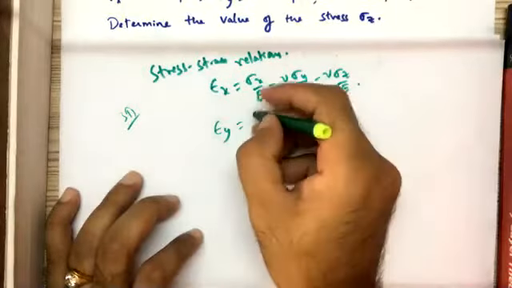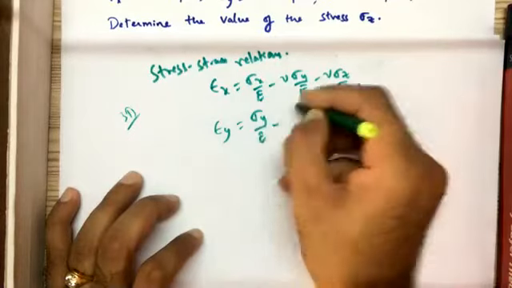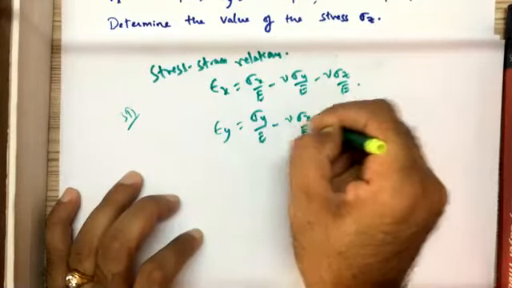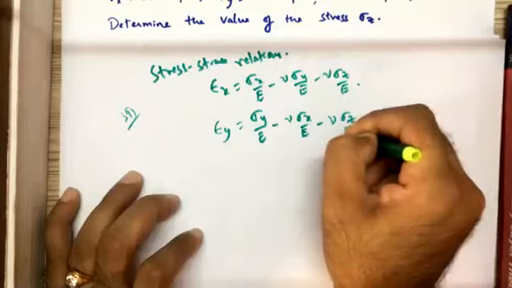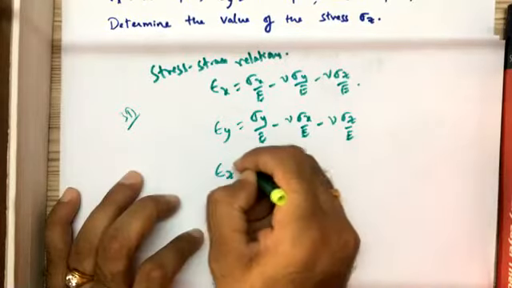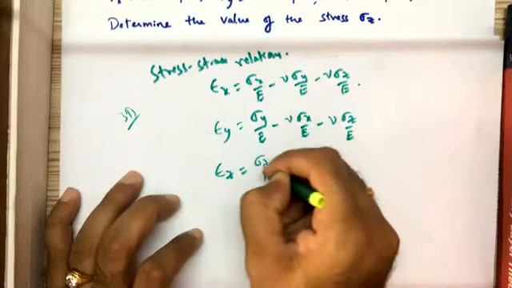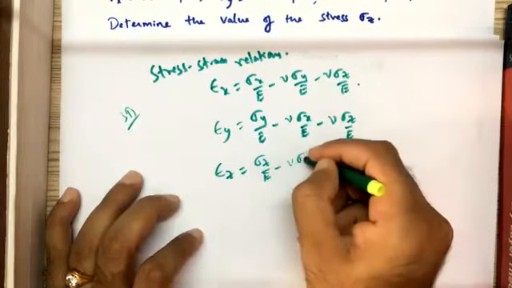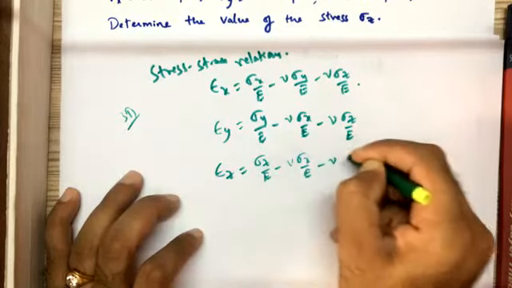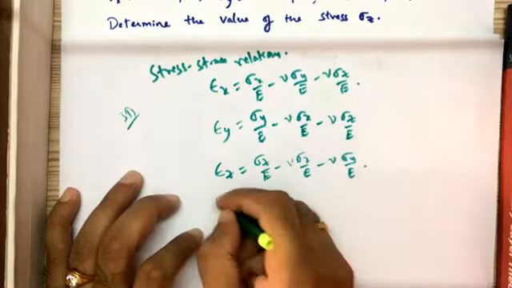So epsilon y is sigma y by E minus nu sigma x by E minus nu sigma z by E. Similarly, epsilon z is equal to sigma z by E minus nu sigma x by E minus nu sigma y by E.